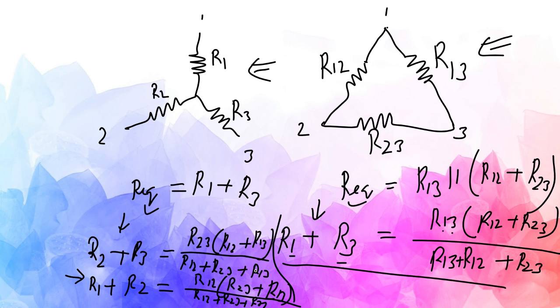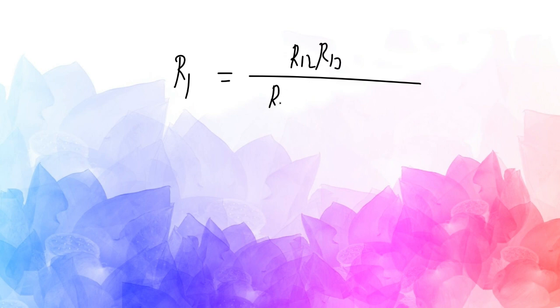Now, I don't want to do this calculation, but just let me show you how much this is. So the final calculation is, let's say R1 is equal to R12 R13 by R12 plus R13 plus R23, right?